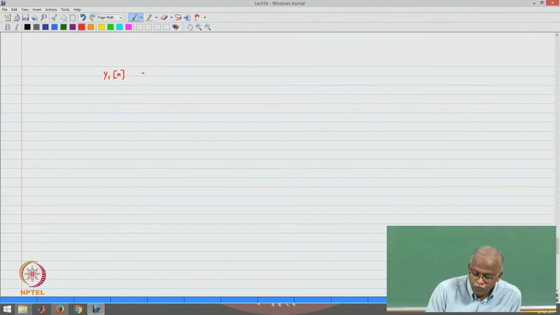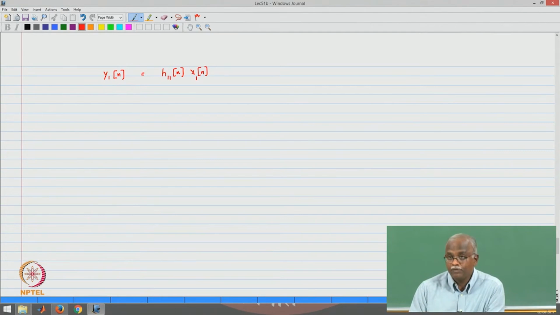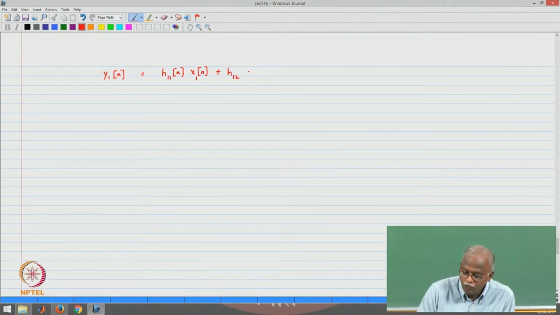If you were to write down the output at the receive antennas, Y1 of N, which is the first receive antenna, this would be H11 of N times X1 of N, the first transmit signal from the first transmit antenna. Then H12 of N. The N basically shows that these are all time varying quantities.